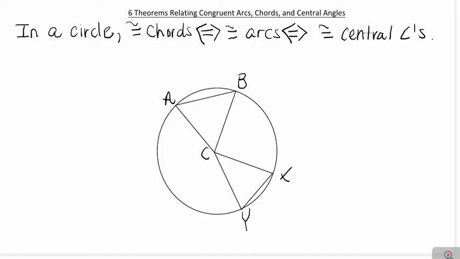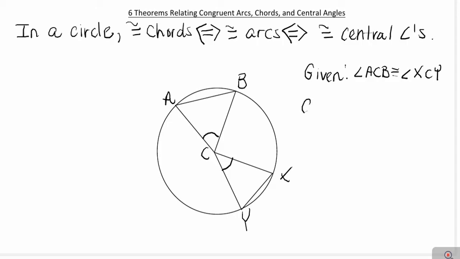And let's say that we were given that angle ACB is congruent to angle XCY. So we're given that we have two congruent central angles.